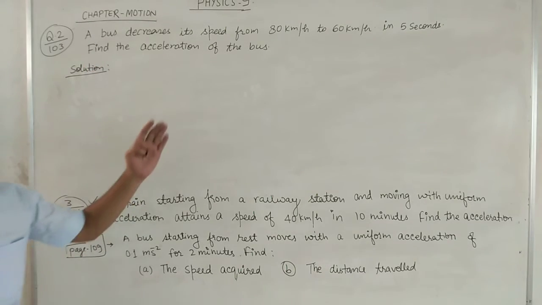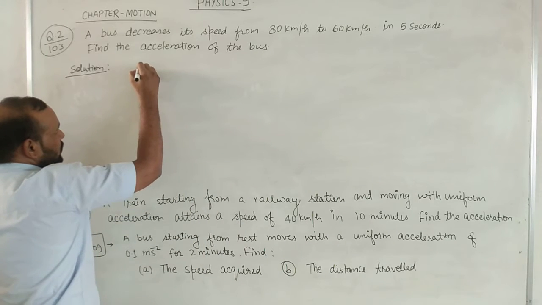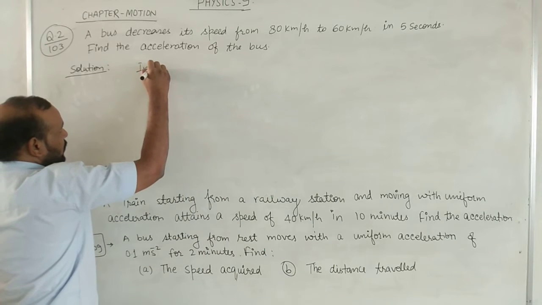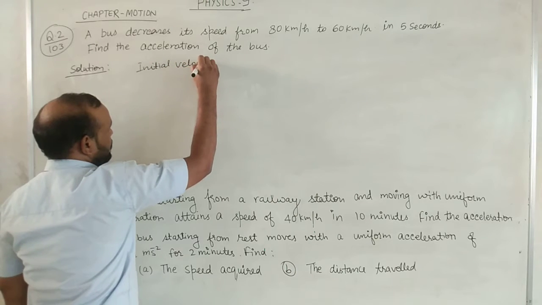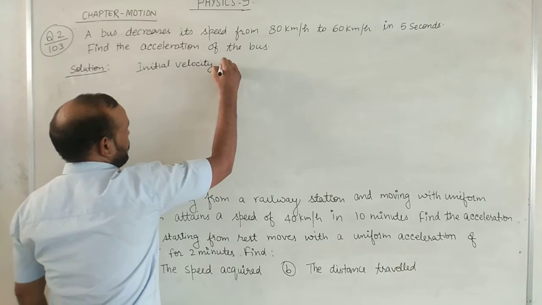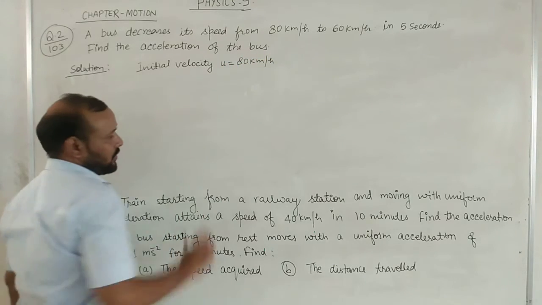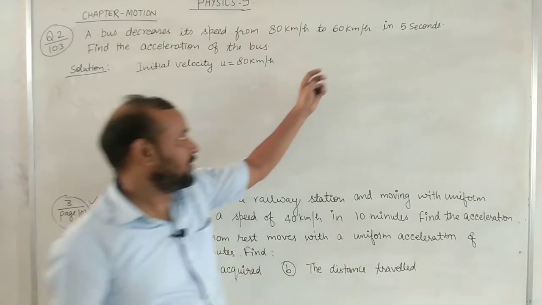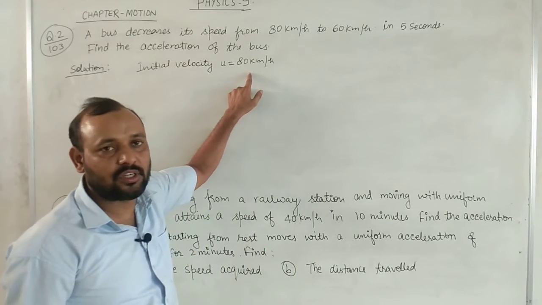The speed of the bus decreases from 80 km per hour, which means initial velocity u is equal to 80 km per hour. And the time given is 5 seconds. Then you have to change this unit into meter per second.